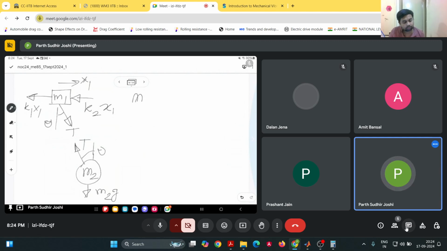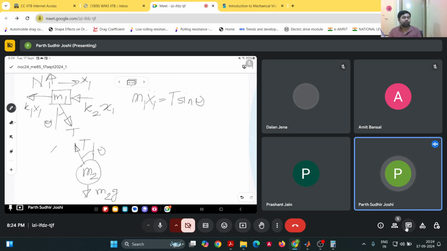So now let us write down the equations of motion. m1 x1 double dot will be the sum of the net external forces. T cos theta will be acting downwards, and there will be a normal reaction which will resist this vertical component of the tension.